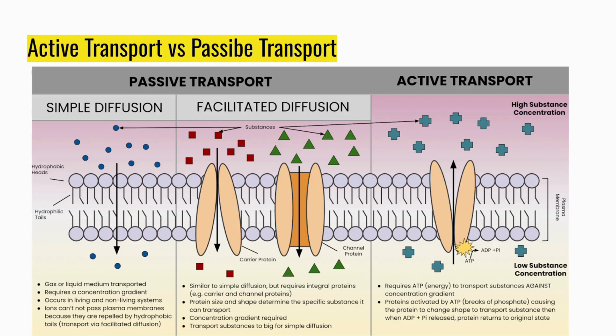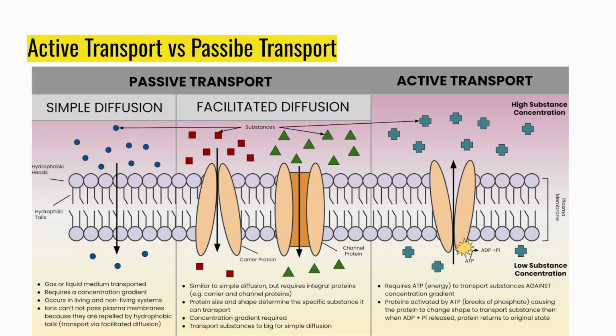In passive transport, the molecules move randomly, but they do move with the concentration gradient. So the molecules will always go from a high substance concentration to a low substance concentration. If there is an equilibrium between both sides, the molecules will not move.